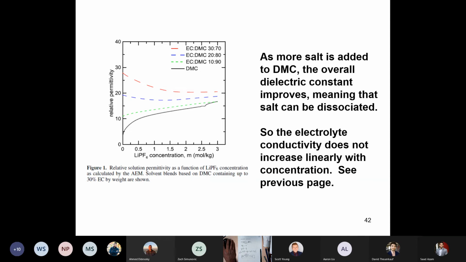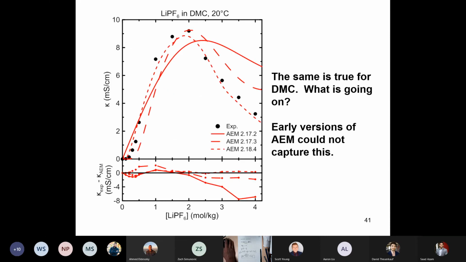So this was really interesting to us, and it has a lot of consequences if you think that you can use ethylene carbonate-free electrolytes in lithium-ion cells. If you ever end up in a situation where you develop a large concentration gradient in the electrolyte, and we're going to learn how this happens, a large lithium-ion concentration gradient in the electrolyte.